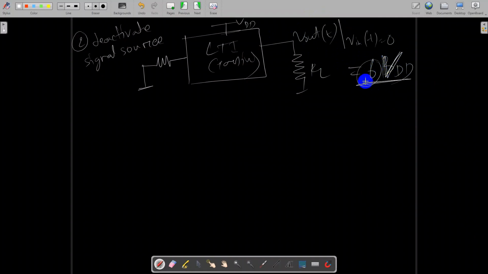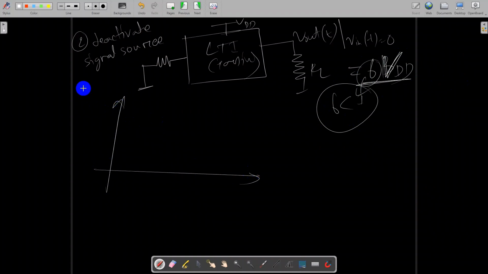Can you comment on this B? This B should be less than 1, right? So V out T is B times VDD.